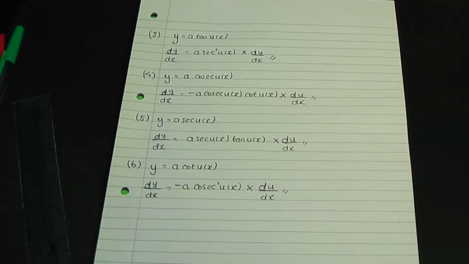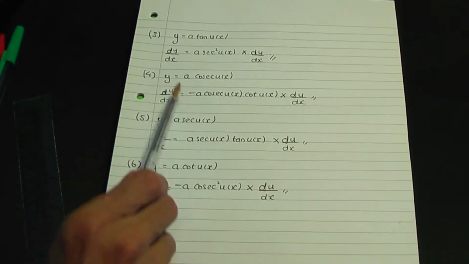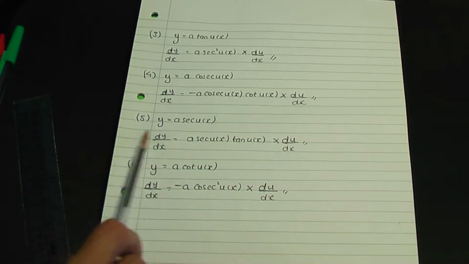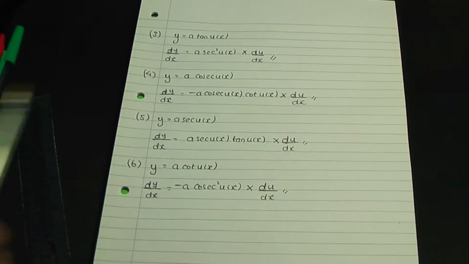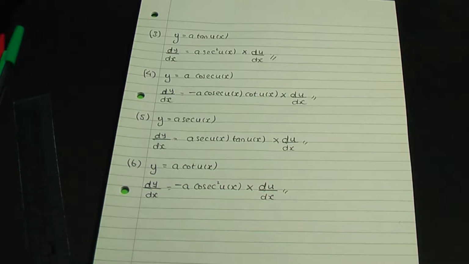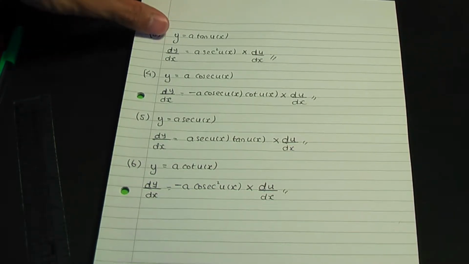If a is not a constant, so if a is a function of x, we may need to use, or will most likely be using, the product or the quotient rule. If a is a constant, we apply the chain rule related results. So please bear that in mind.